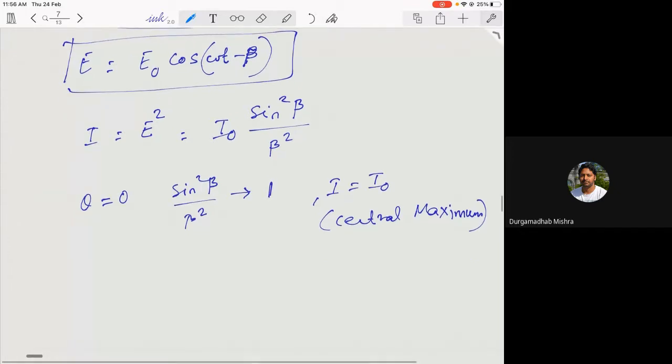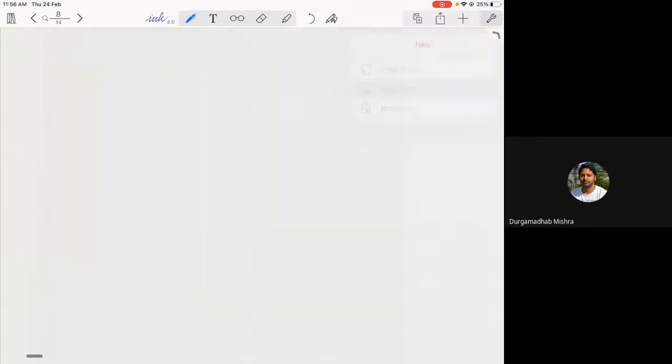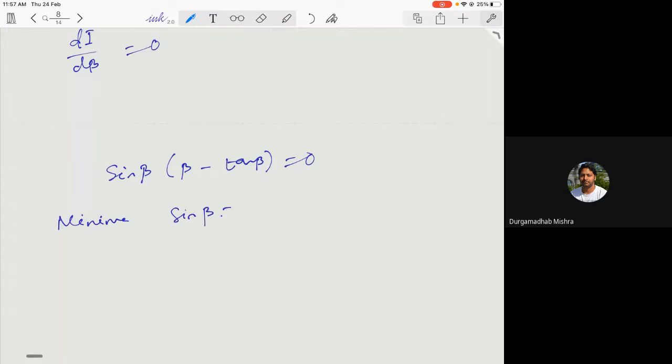You can also differentiate this with respect to beta to find the condition for maxima and minima. If you do the differentiation, the condition is given by sine beta into beta minus tan beta equal to 0. For minima, sine beta would be equal to 0, so beta is equal to m pi.